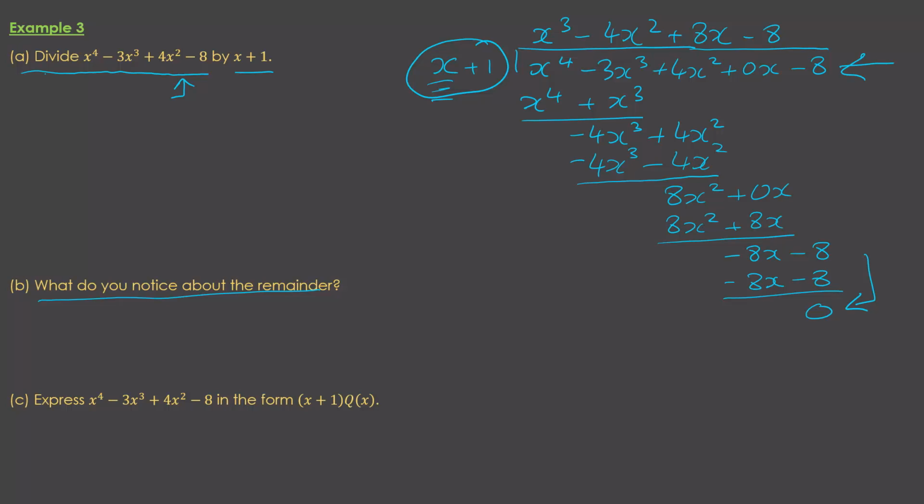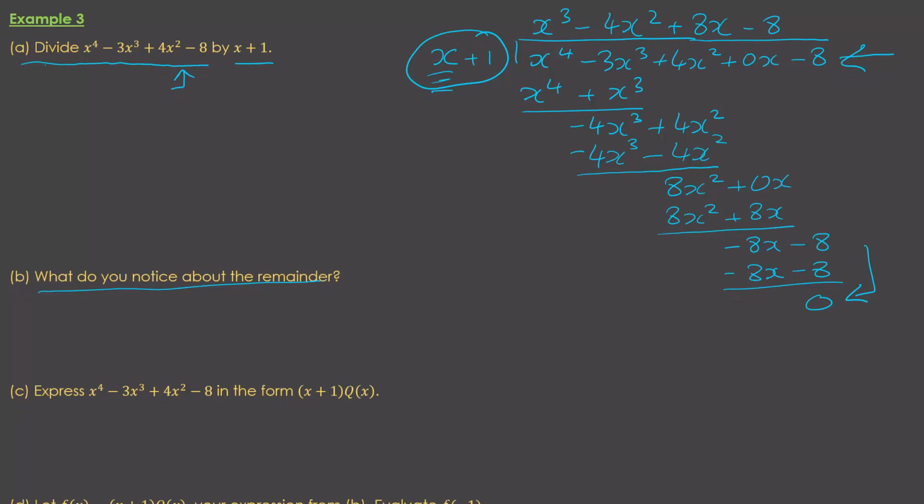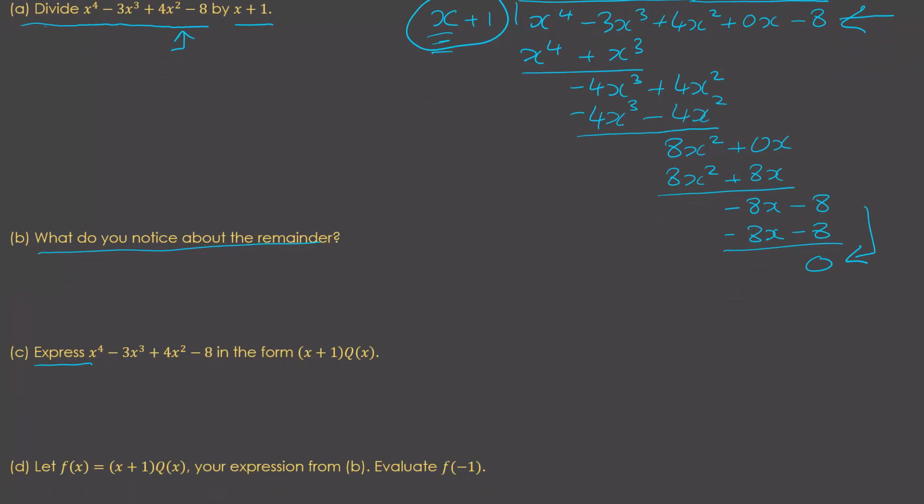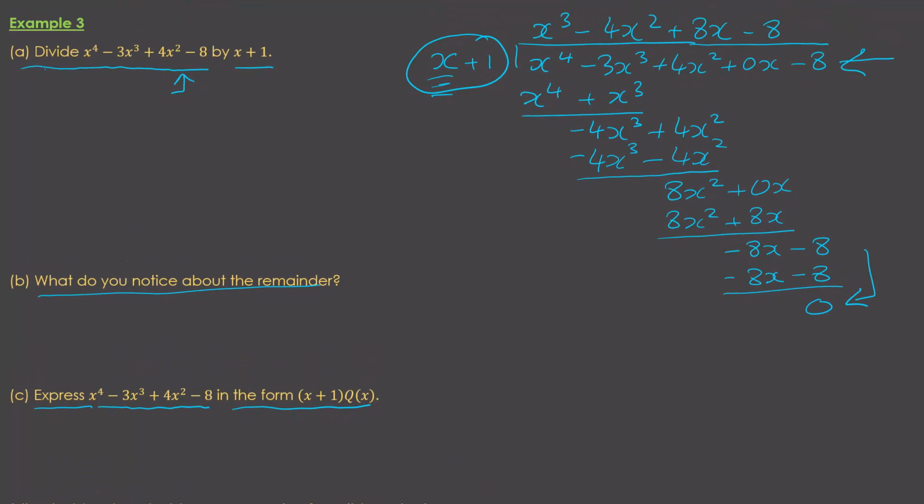of x to the 4 minus 3x cubed plus 4x squared minus 8. So we're now asked to express x to the 4 minus 3x cubed plus 4x squared minus 8 in the form x plus 1 times q of x. And remember that q of x is up here.